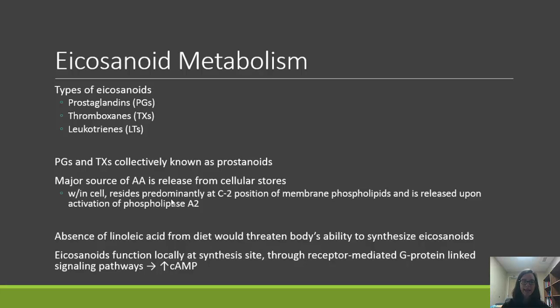Basically, we have our hormonal messenger, which increases cAMP, and that would cleave the arachidonic acid from the cellular membrane, and then that would be converted into eicosanoids, and the eicosanoids would have their biological action right at that local site where the arachidonic acid was released and converted to the eicosanoids.